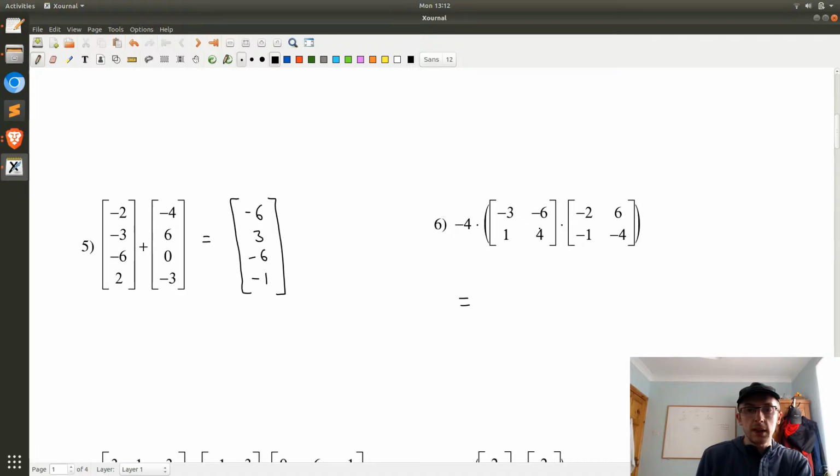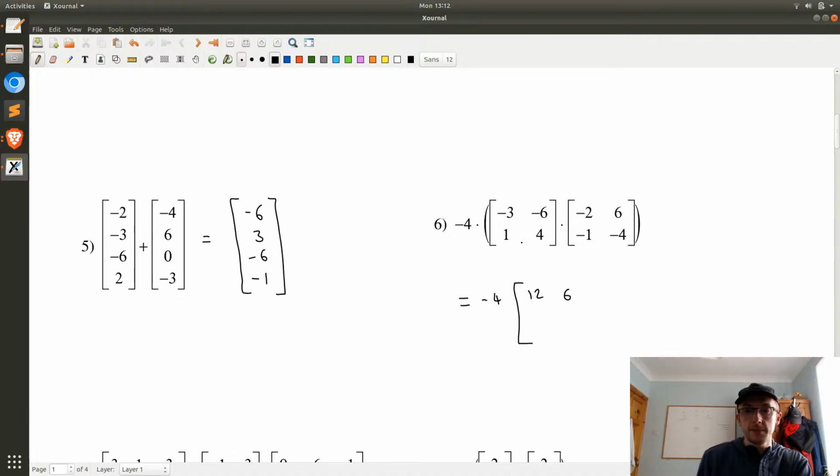What about in this case? Best to do the matrix multiplication first. You don't want to be multiplying by bigger numbers, do you? No. So here we go. It's going to be 6 add 6, so 12. Then negative 18 add 24, so 6.